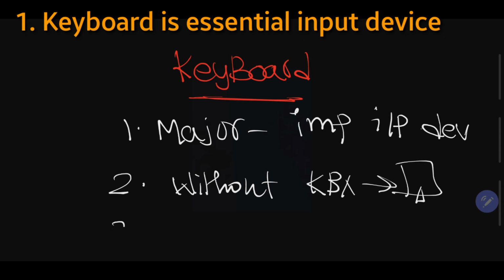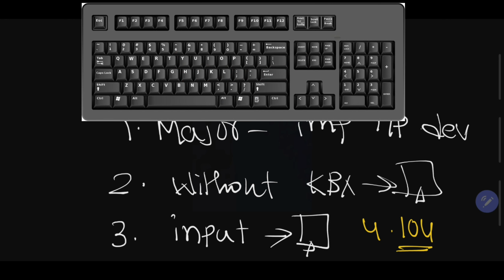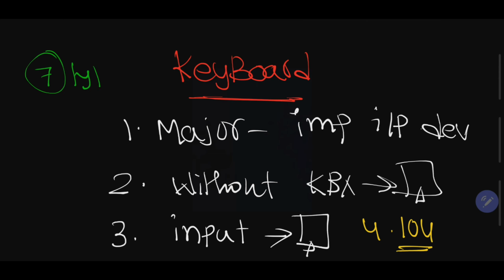Every keyboard is used to give input to the computer. A standard keyboard contains 104 keys, and every keyboard contains 7 types of keys.